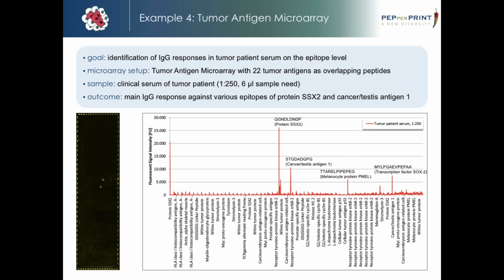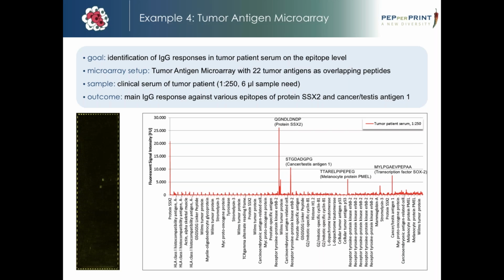Now on to example number 4 for our tumor antigen microarray. So this tumor antigen microarray is a custom array. It's a standard array that has 22 selected and known tumor antigens, and it's printed as overlapping peptides for a multiplexed epitope mapping.